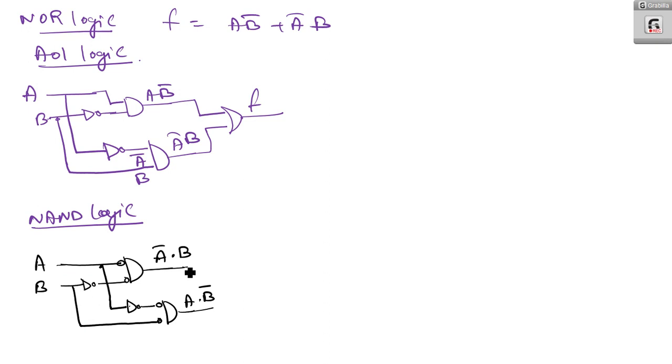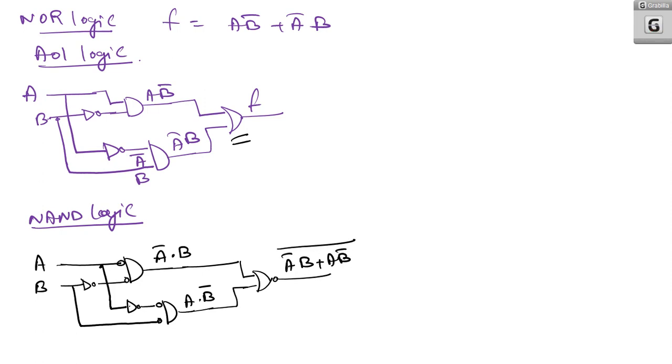Now if I am making this into a NOR gate, so here what we get is A bar B or A B bar, the whole bar.